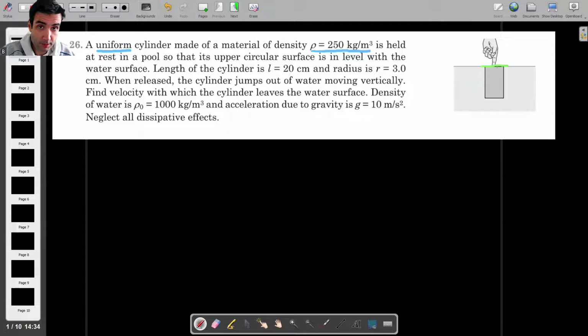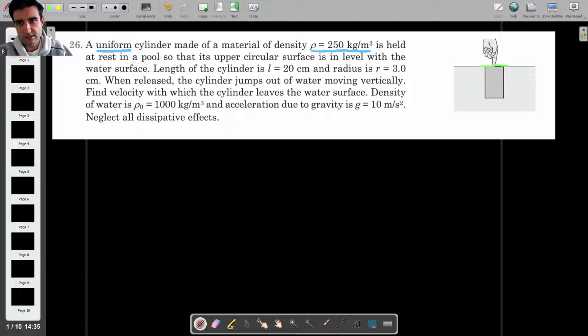And it's being held in place, so it doesn't just stay like that by itself. It is held in place by someone's finger, and that person is pushing the cylinder down just enough so that the entire cylinder is just submerged beneath the free surface.